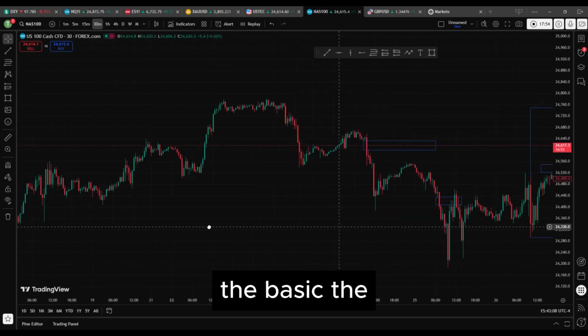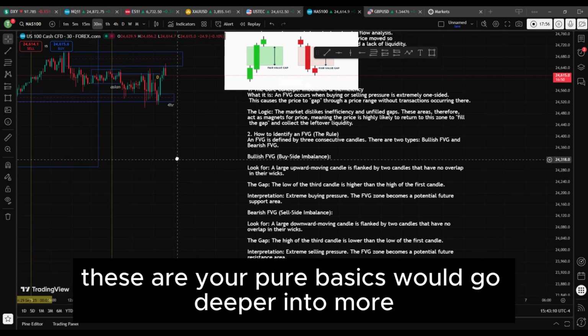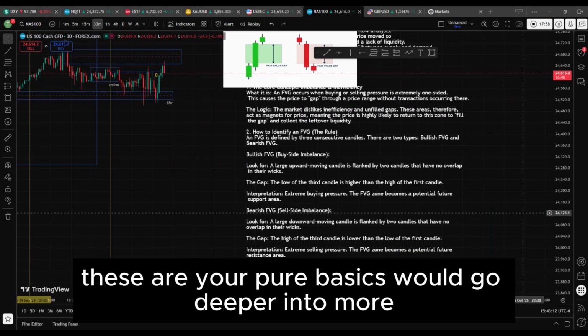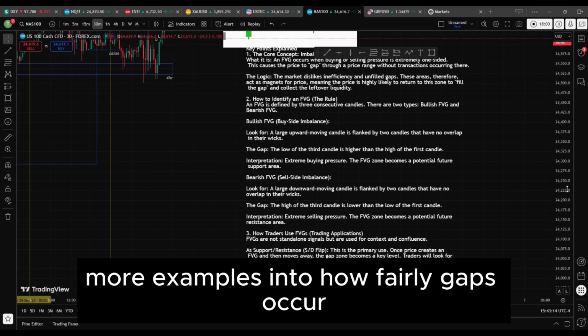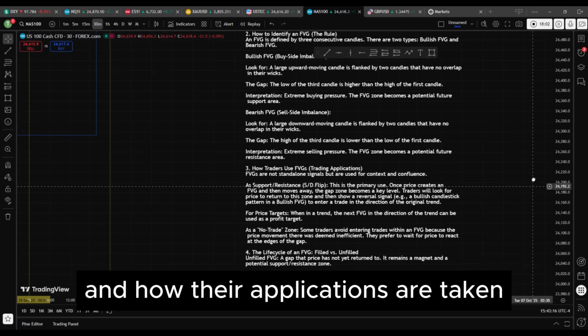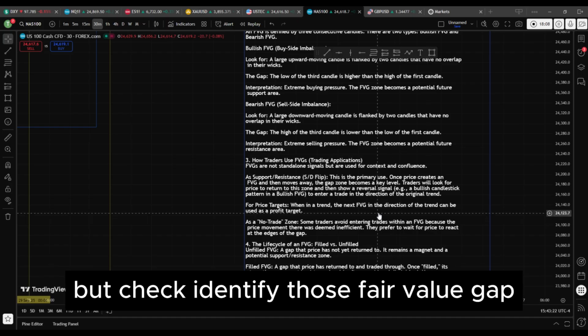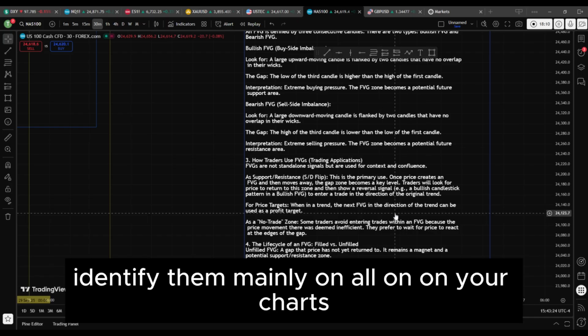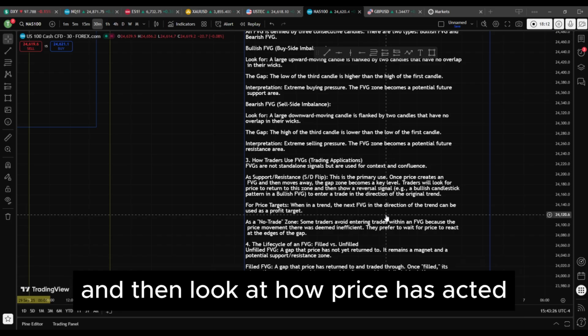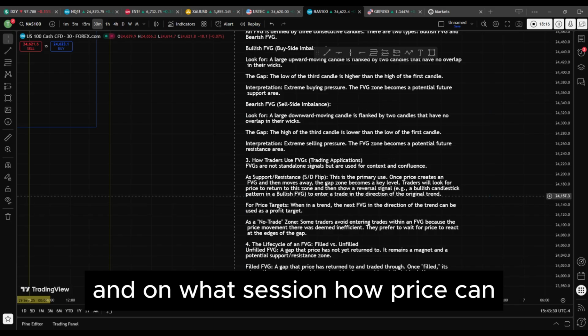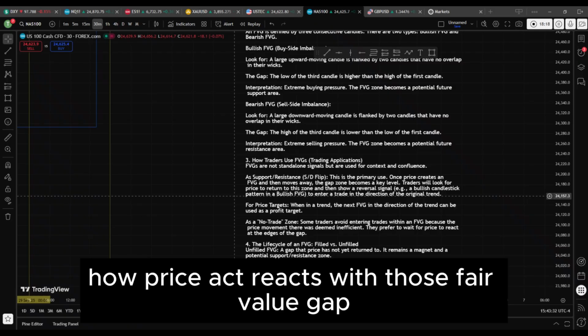So these are the basics. We will go deeper into more examples of how fair value gaps occur and how the entries are taken. But it's important to backtest your fair value gaps, identify them on your charts, and then look at how price has acted and on what session price reacts with those fair value gaps.